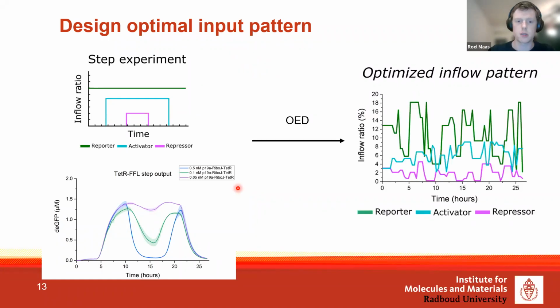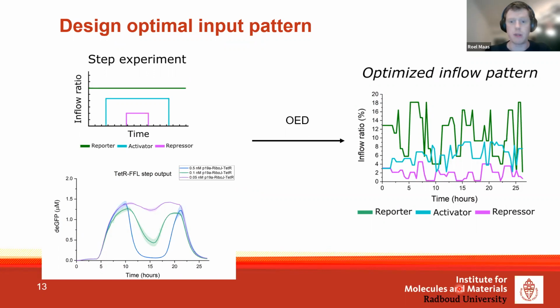Using those parameters, we used our optimal experimental design approach to produce this optimized inflow pattern. And I think you can all agree with me that this is a very chaotic pattern. So I don't think any of us could come up with this by ourselves.